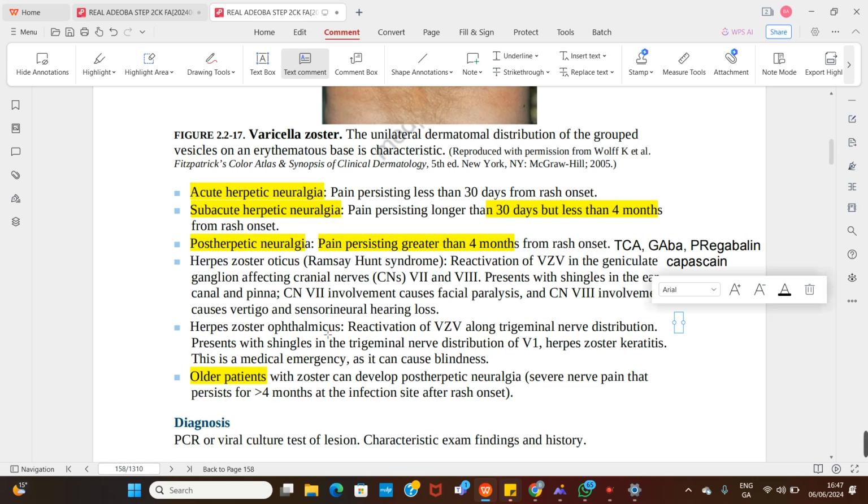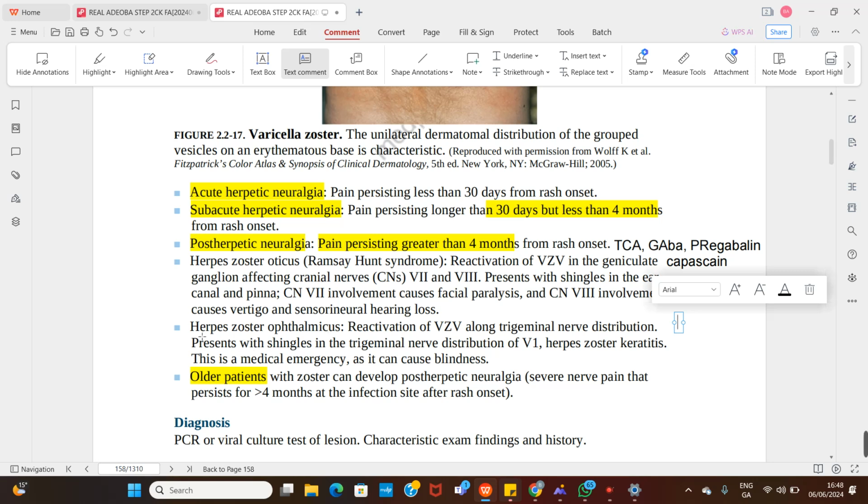So you have a patient that initially has vesicular lesions on the body. Then after the resolution, after some months, the person starts developing features of the Ramsay Hunt. So you think about herpes zoster oticus: the ear pain, the vesicles within the ear canal, the facial nerve paralysis, and the vestibulocochlear nerve involvement.